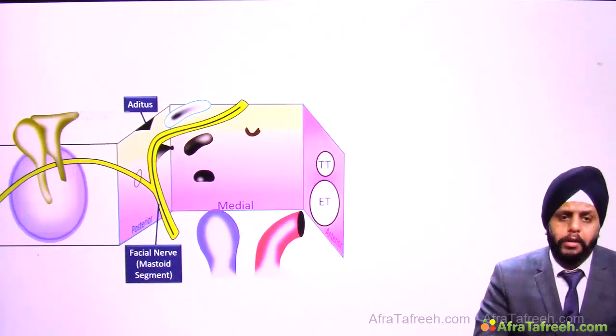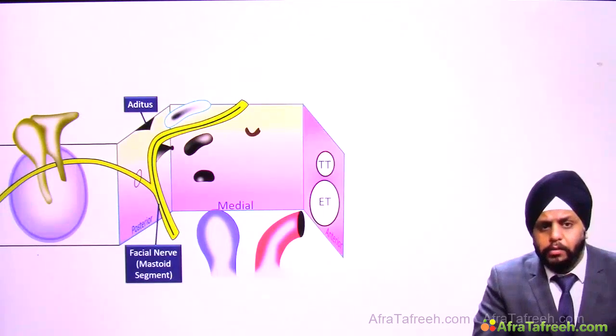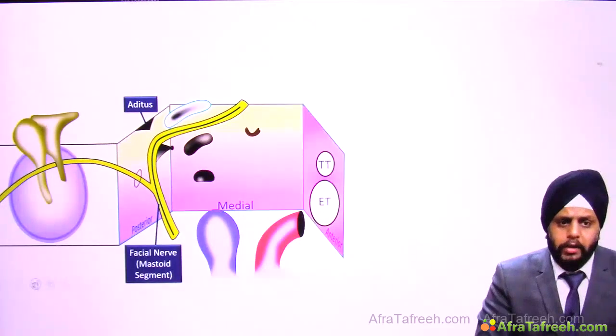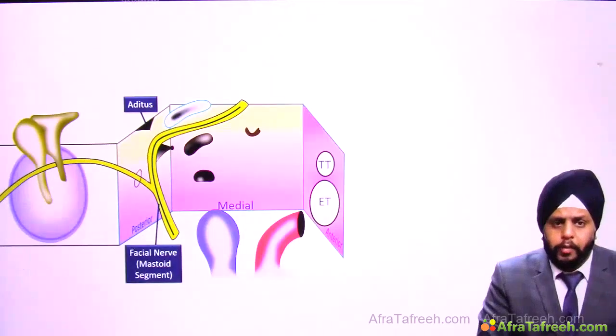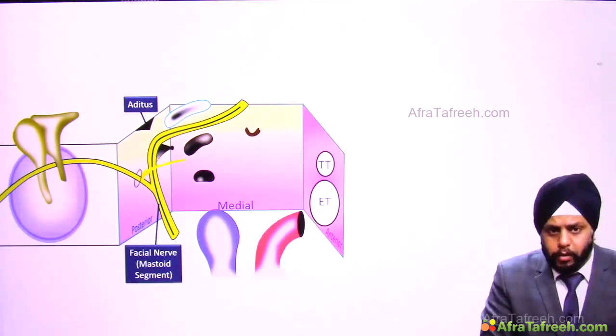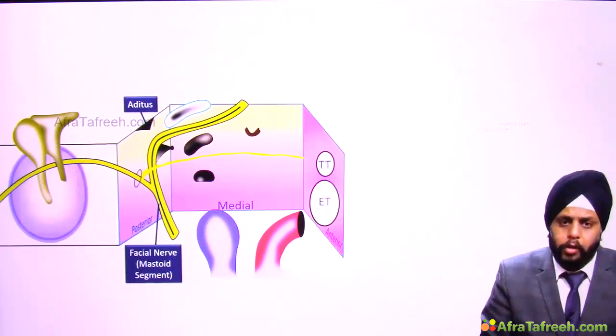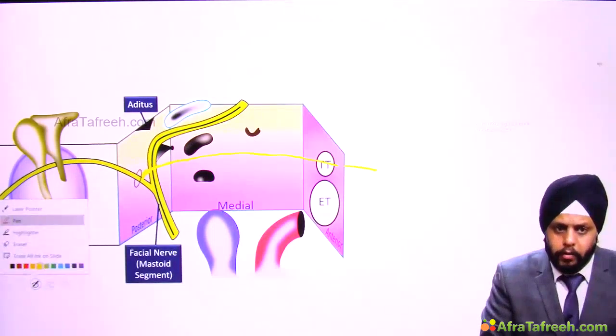Right? Now, there is a branch coming out from this nerve. What is that branch? This branch comes out from the facial nerve. It enters the middle ear from the posterior wall. It hangs in the middle ear like a cord, like a rope. And then it exits the middle ear from the anterior wall.